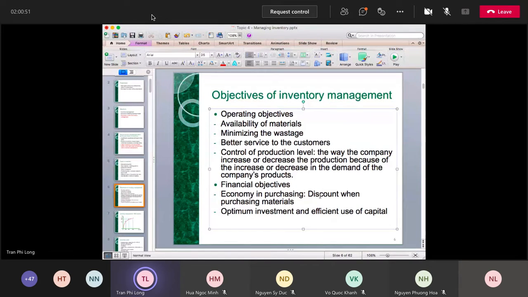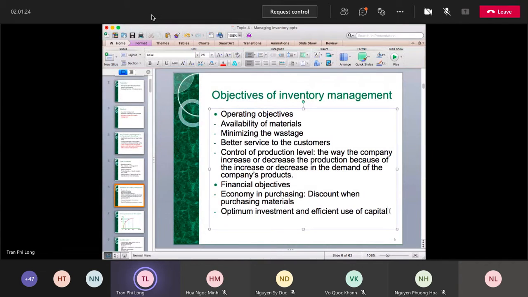And you want to maximize the efficiency of the use of capital. You don't want to invest a lot in inventory, but you also don't want to lose customers because you don't store enough inventory. So what is the optimal investment in inventory for your company? That is also an objective of inventory management.